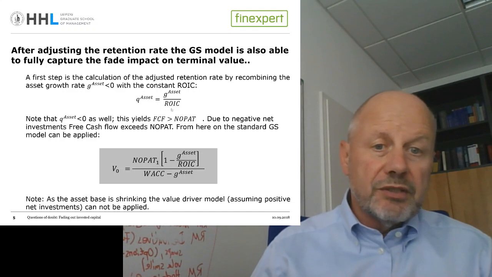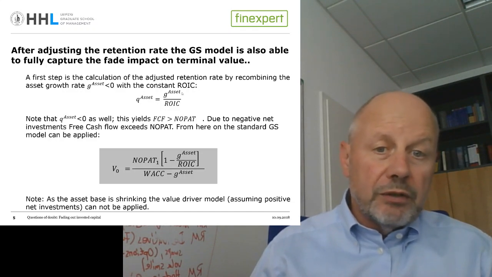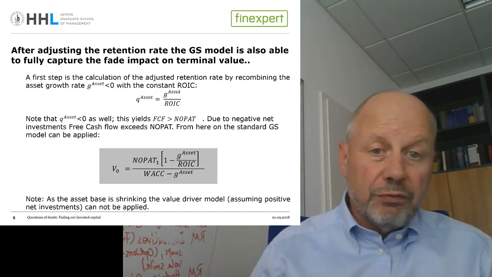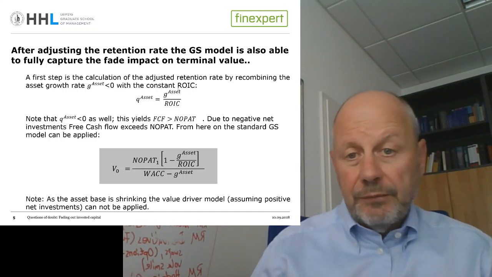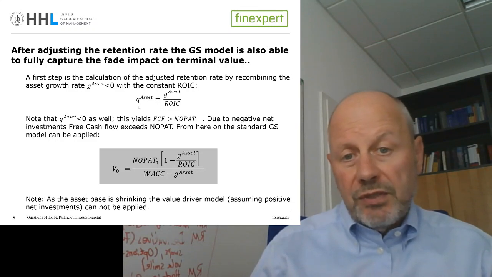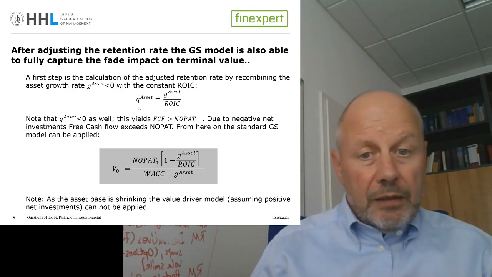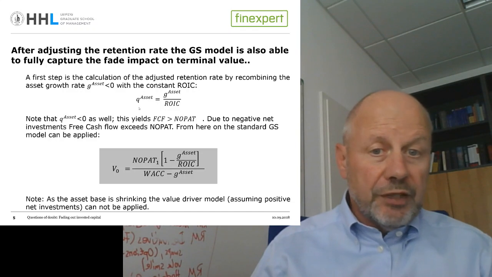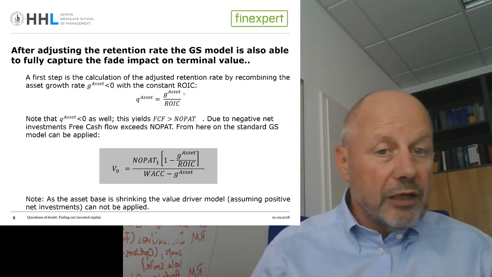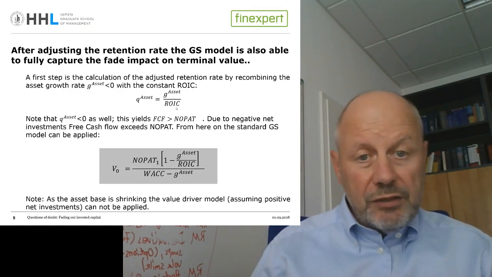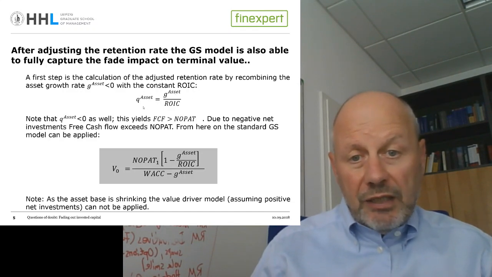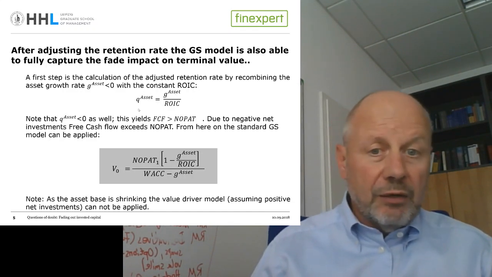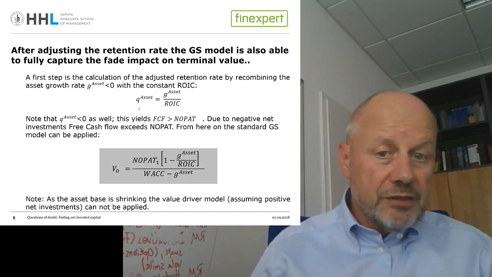Knowing our negative growth rate of the assets and knowing our constant ROIC, we can easily combine these two things into an equivalent retention rate. And it's clear that as ROIC is positive and G asset is negative, the result is that our retention rate is also negative.